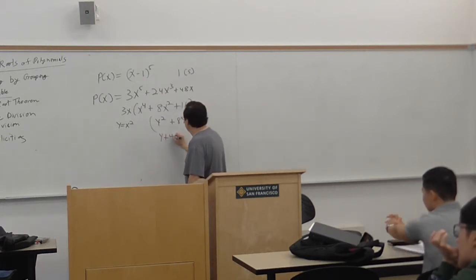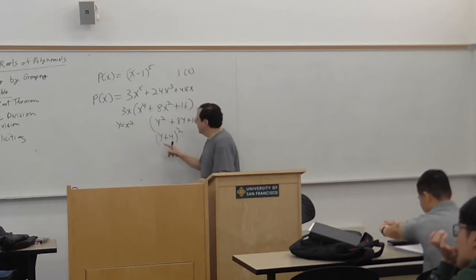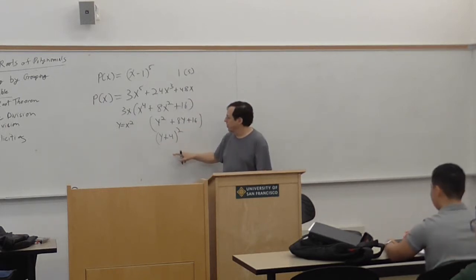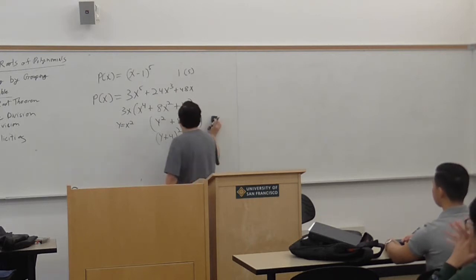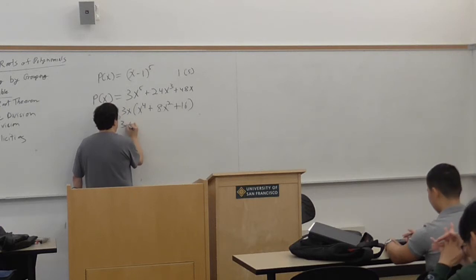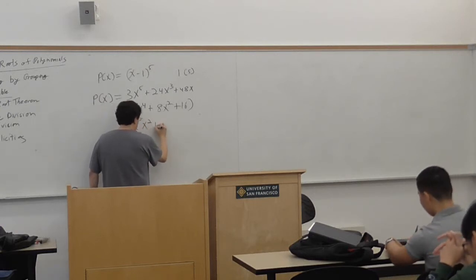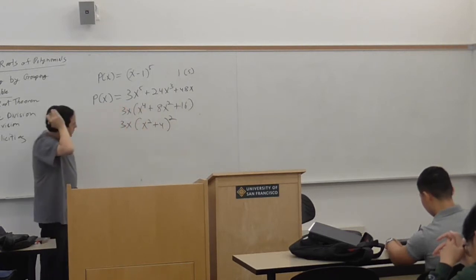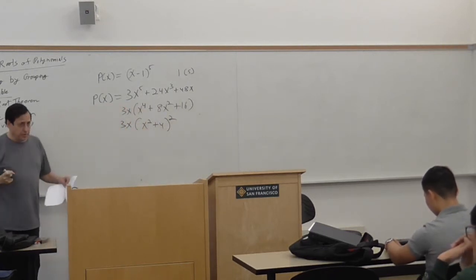It's just y plus 4 squared, except we don't really care about y, we care about x. So we could just skip all those steps and just go to 3x times x squared plus 4 squared. Okay, making progress.